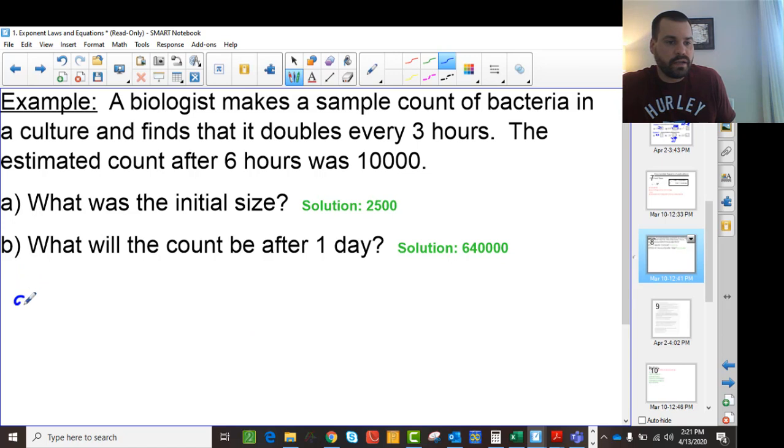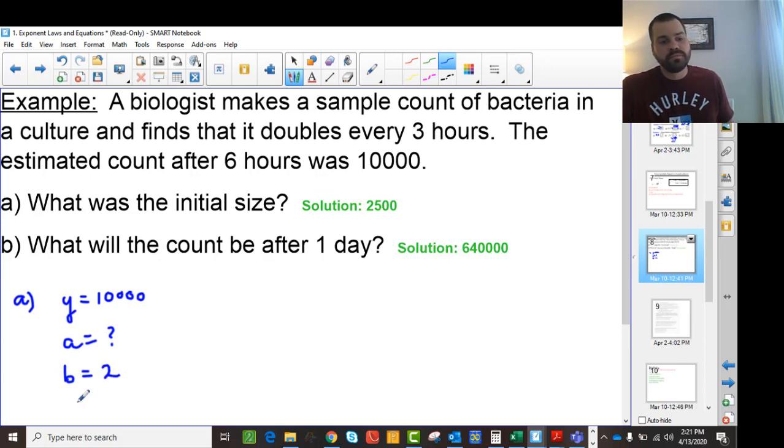So what we're looking at in terms of this solution is y is 10,000, because that's the final amount. A is what we're looking for, the initial amount. The base is 2 because it's going to double. The time was 6 hours, the total time, and the doubling time, which is our p value, is 3 hours.